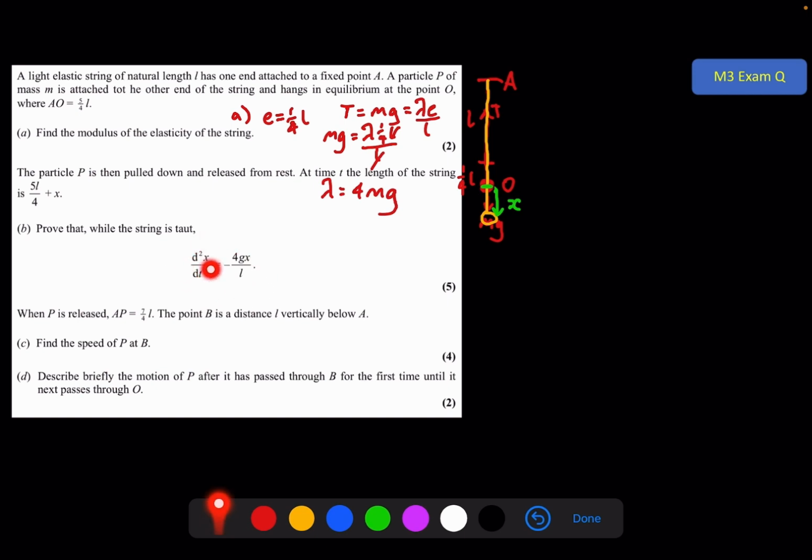We can see that this is x double dot, x here, minus here, constant here, so this is a simple harmonic motion equation.